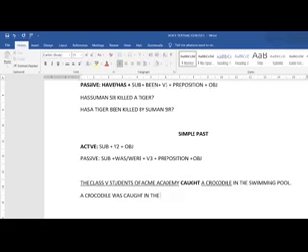Where? In the swimming pool. By whom? By the students of Acme Academy. That's how we have to do it. So: a crocodile was caught in the swimming pool by the students of Acme Academy.